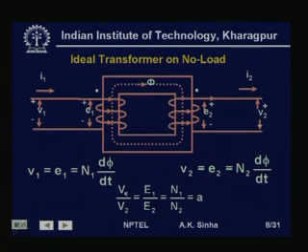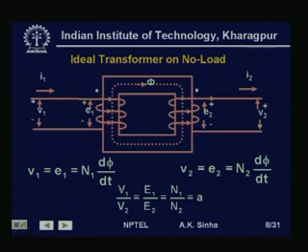Here we have used capital V1, V2 and E1, E2 to indicate that if we are using sinusoidal voltage sources, then these are our phasors. So, the phasor relationship will also be similar, that is V1 by V2 is equal to N1 by N2 is equal to A, the turns ratio of the transformer.